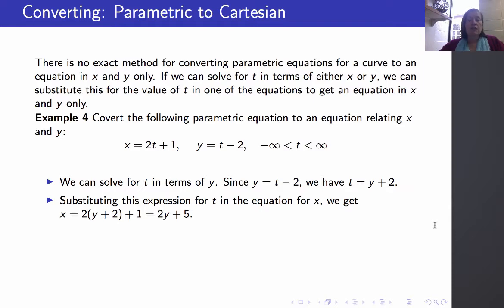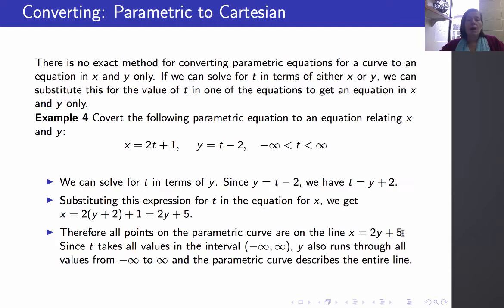So whatever t is, the point on my parametric curve must satisfy the equation that the x value is 2y plus 5. So all points on the parametric curve are on the line x equals 2y plus 5.